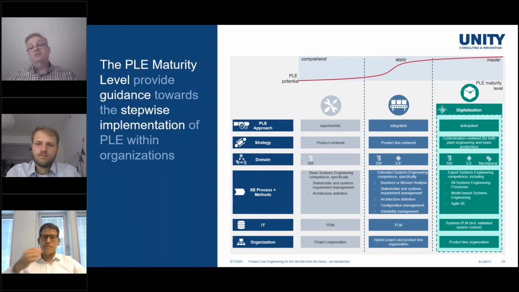So there are some additional prerequisites and challenges to be accepted and implemented for a really mechatronic PLE approach. A prerequisite is again the systems engineering activities, and also a model-based approach.